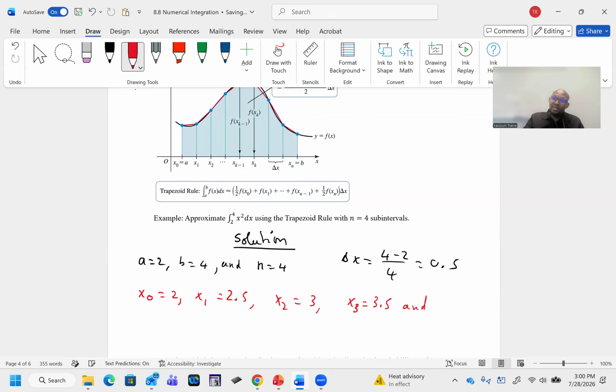And x4 is 4. With f of x is equal to x squared.